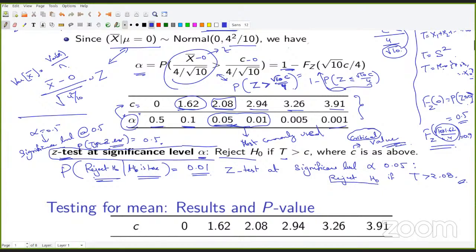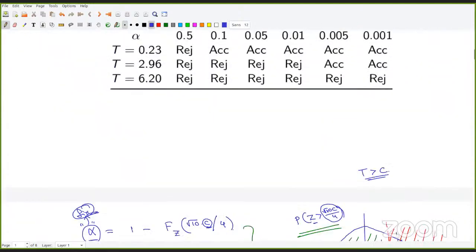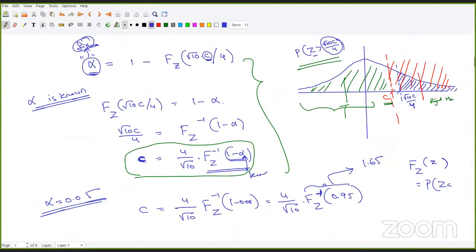Sir, here when you have FZ of some value, it is the same as saying that we are computing the probability of Z less than or equal to that value, right? So these are all the computations we do in order to calculate what we are interested in.